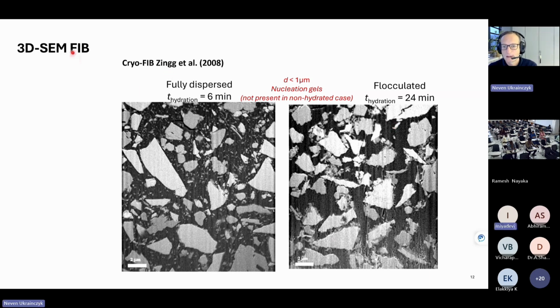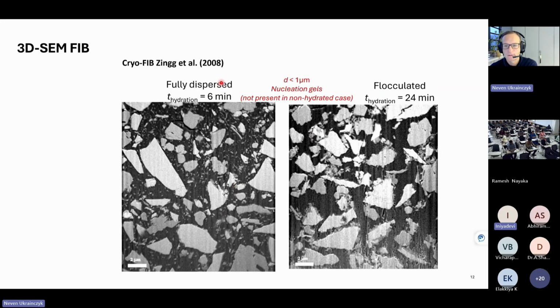And with focused ion beam, basically it's an ion beam that removes layer by layer, atomistic nanoscale layers, and then you can image with the scanning electron microscope after removing layer by layer. This was the new technique in 2008. I think nowadays it's becoming more and more common. So you get this kind of 3D, it's called nanotomography.